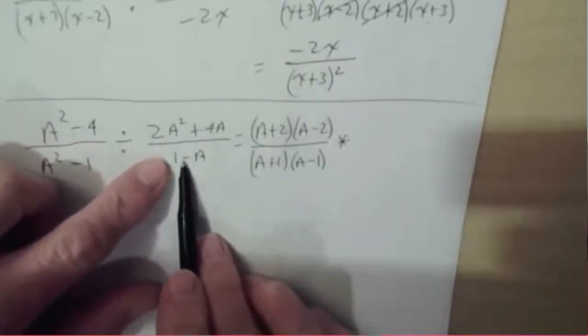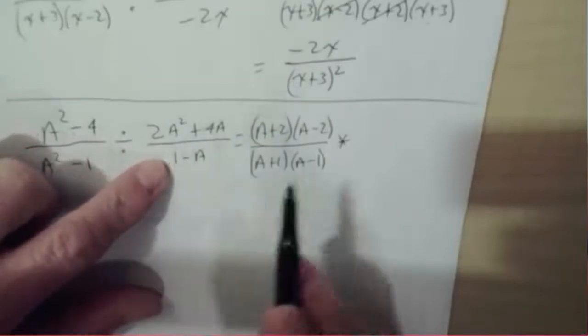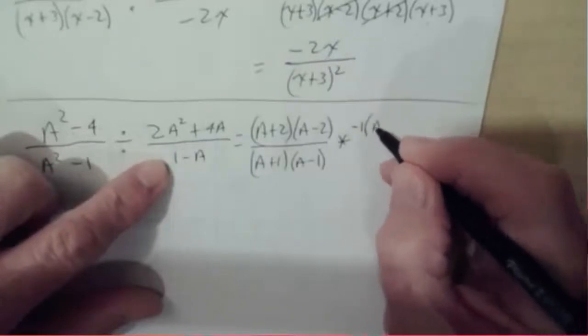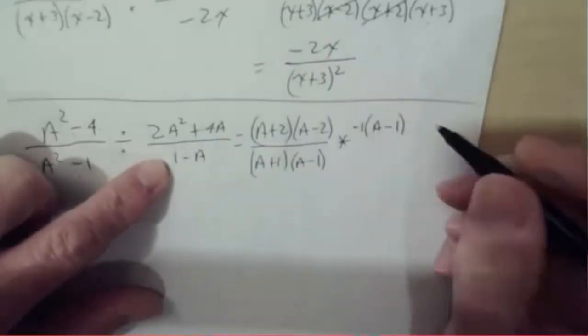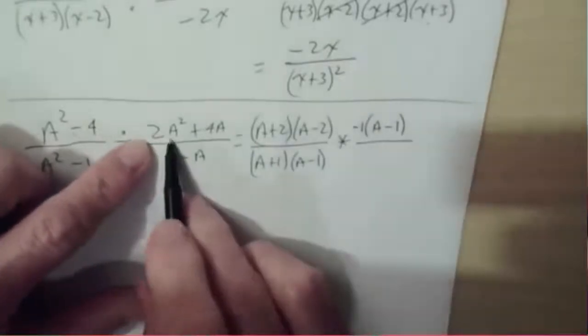What we can do to get rid of this negative a is multiply by negative 1, and then we get a minus 1.